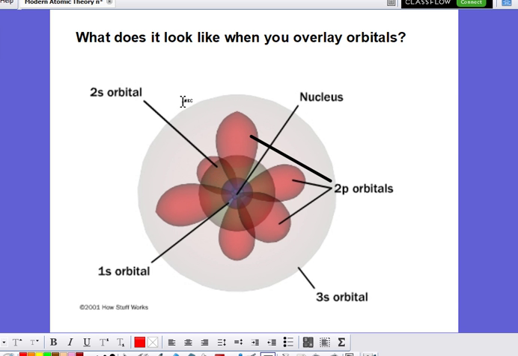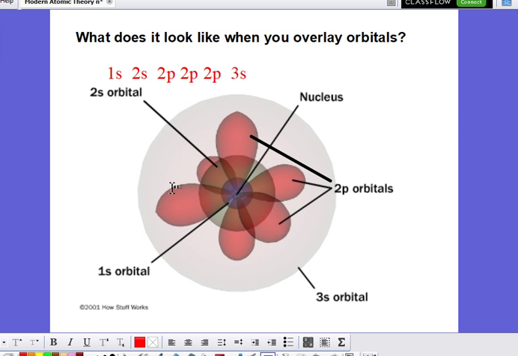And wait, if you can see real lightly, there's another sphere out there. And so this atom looks like it has an s orbital that's really close, and then it has another s orbital, and then it's got a bunch of p orbitals, doesn't it? And then it's got another s orbital. Starting from the middle and working my way out, on the closest energy level, there's an s. On the next energy level, there's an s.